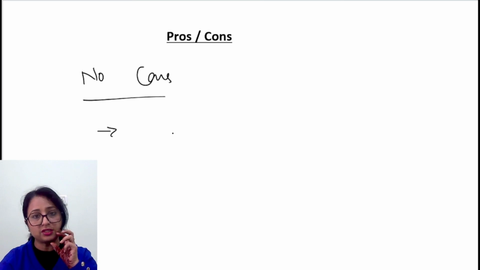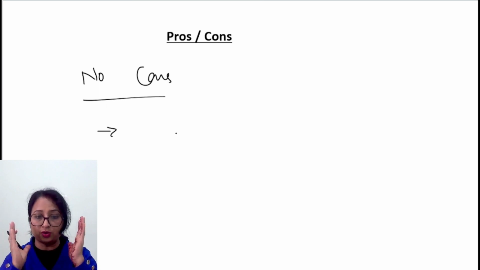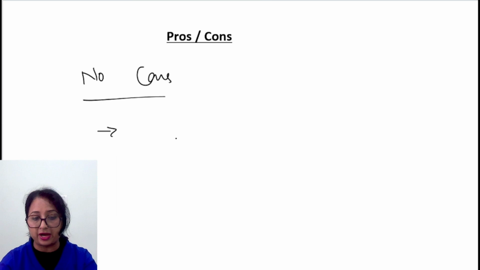If you are choosing the toughest examination in India, you have to do hard work. So it is my responsibility to turn your hard work into smart work, to make your lessons easy and your concepts clear. So I don't think there are any cons, because I have talked about many pros of the history optional.